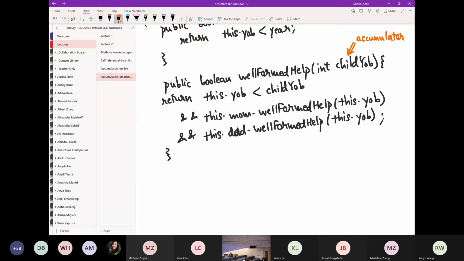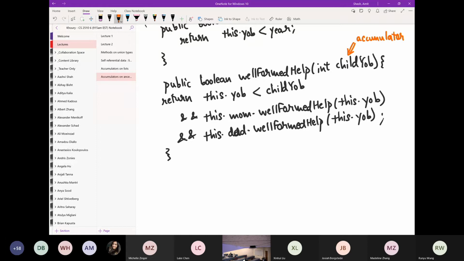A simpler way of putting it is that the accumulator is exactly one step behind me. If I'm here, then the accumulator represents the year of birth of my child. When I go one step down, the accumulator here represents the year of birth of my child. And the reason for that is because the well-formed nest requires some data from yourself and some data from one step behind you.